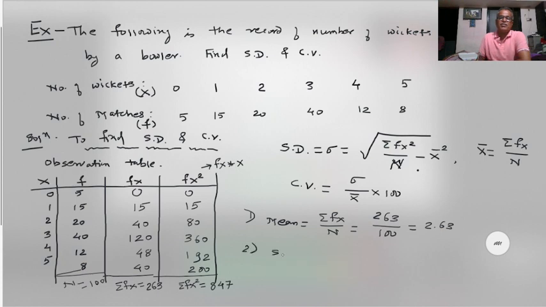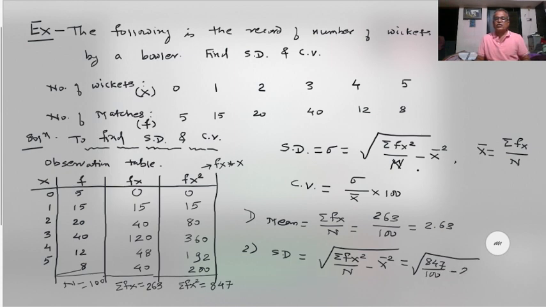Second is standard deviation. So standard deviation is equal to the square root of summation fx square divided by N minus x bar square, is equal to 847 divided by 100 minus 2.63 whole square.